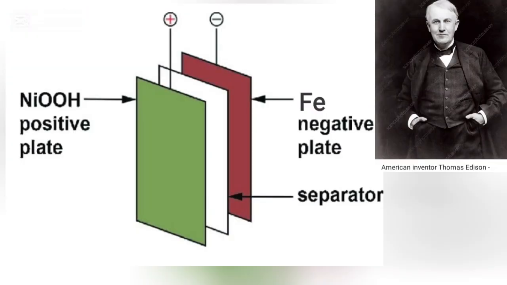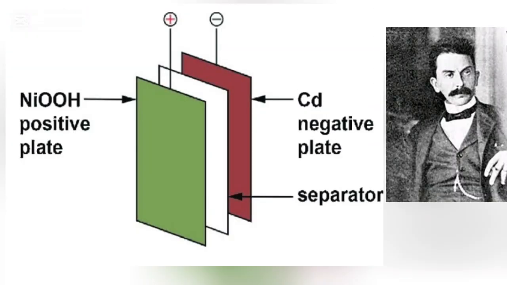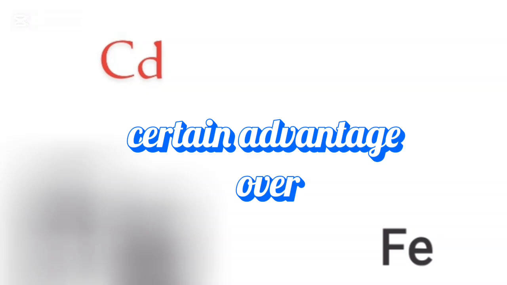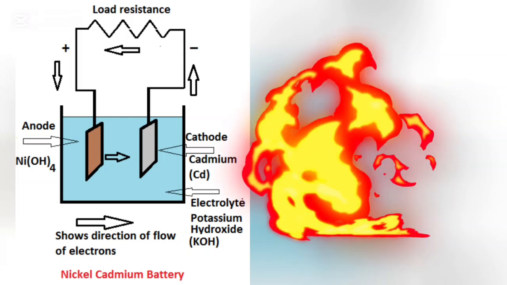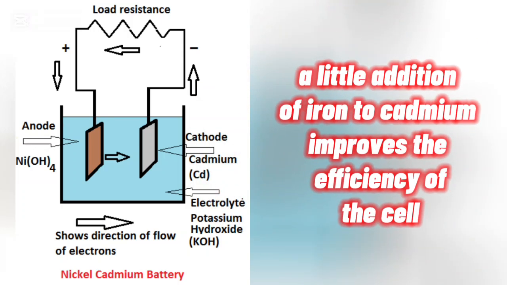Edison used iron for the negative plate, and Jungner used cadmium. Cadmium has certain advantages over iron, and most modern alkaline cells are nickel cadmium, although it is found that a little addition of iron to cadmium improves the efficiency of the cell.